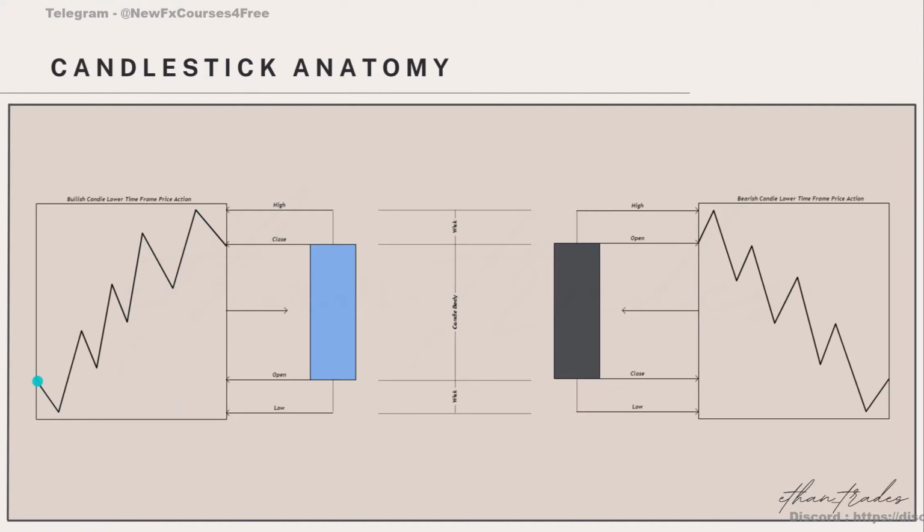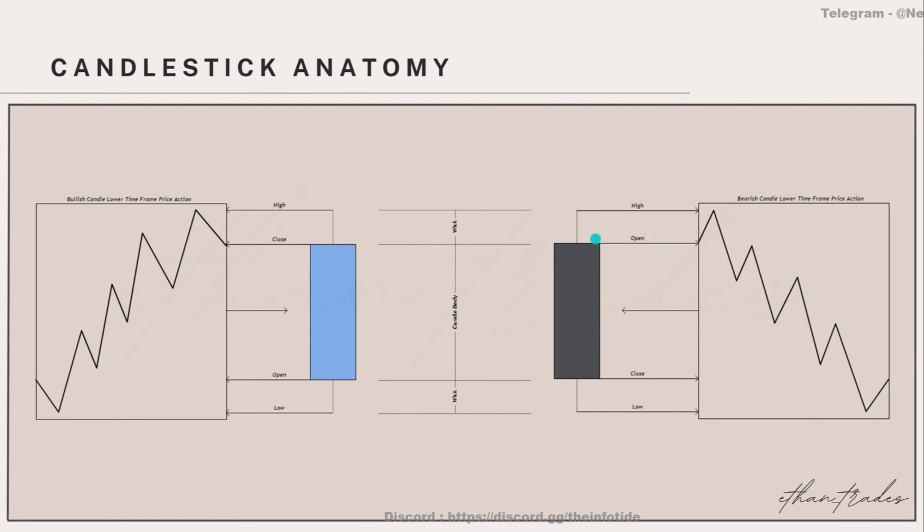Once again, you have the open, and then it trades lower, which creates the low, starts trading higher, creating the high of the candle, which is why this wick is here, and it closes, which is why the body of the candle is here.